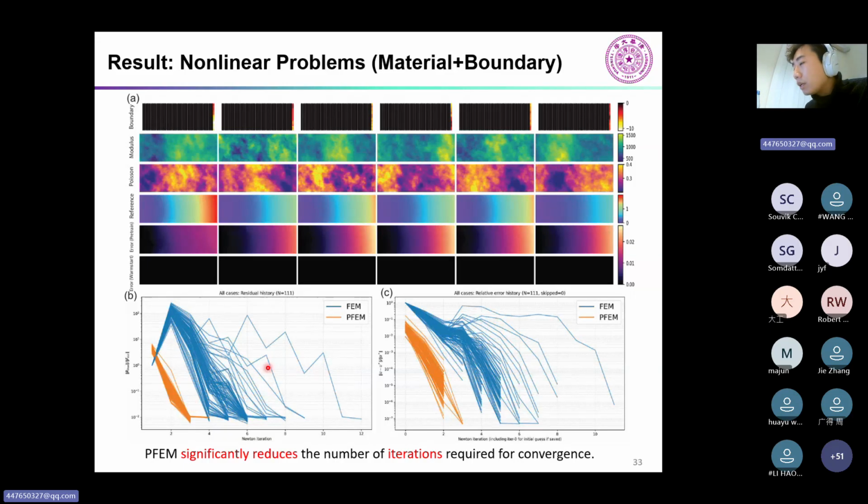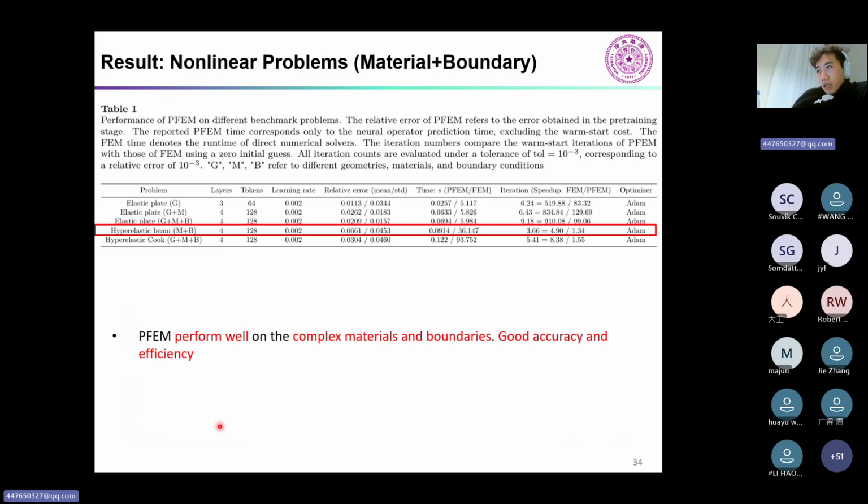FEM, like this blue line, will need more iterations. So our PFEM can significantly reduce the number of iterations required for convergence. Okay, so this is a table for the quantification.